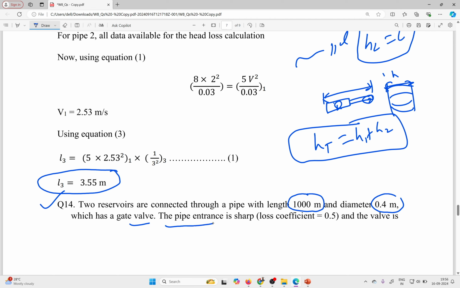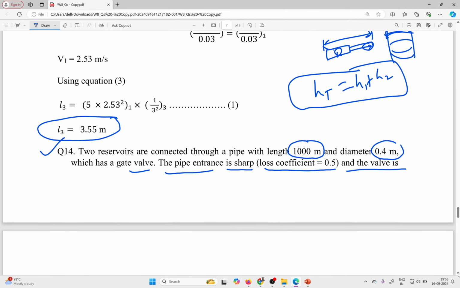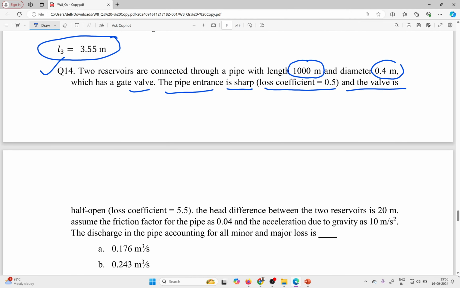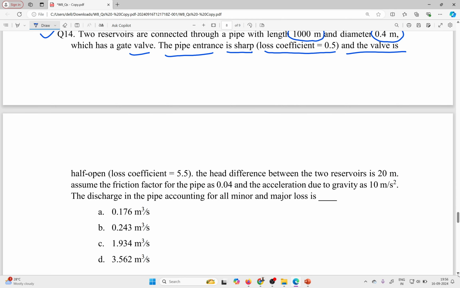The pipe entrance is sharp, the loss coefficient is 0.5, and the valve is half open, with loss coefficient 5.5.